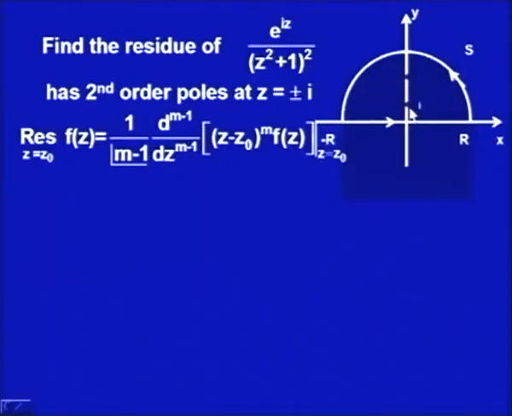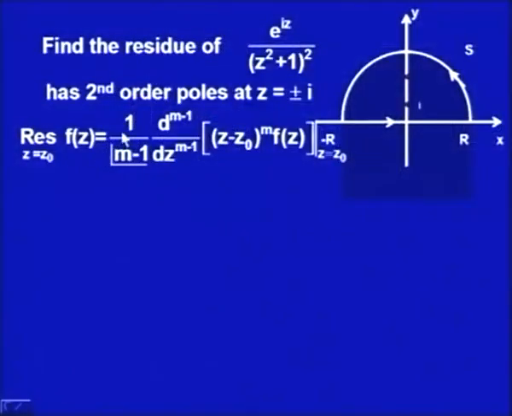Whenever we have to find the residue at a pole of order m greater than 1, we would use this formula. So, we are going to use the formula for finding the residue at z equal to z naught of a function f z, which is nothing but 1 upon factorial m minus 1, the m minus 1 derivative with respect to z of z minus z naught to the power m into f z, evaluated at z equal to z naught.